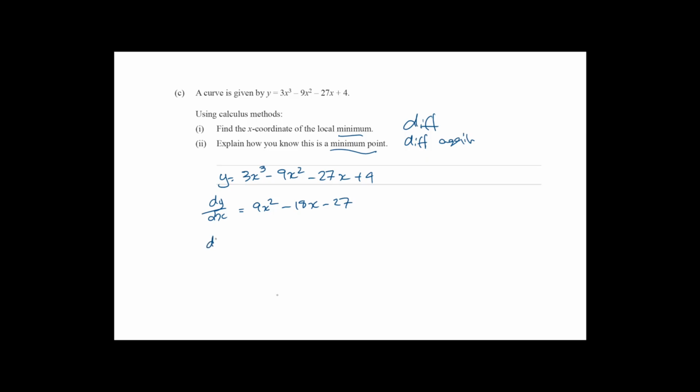Then I'm going to differentiate that again. So I'm going to get 18x minus 18, and that's going to become important a bit later on. Until then, we want to find the turning point, so we're going to take this one.